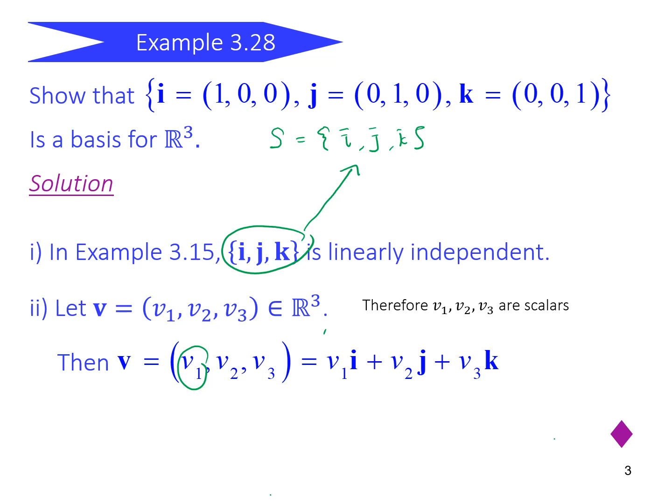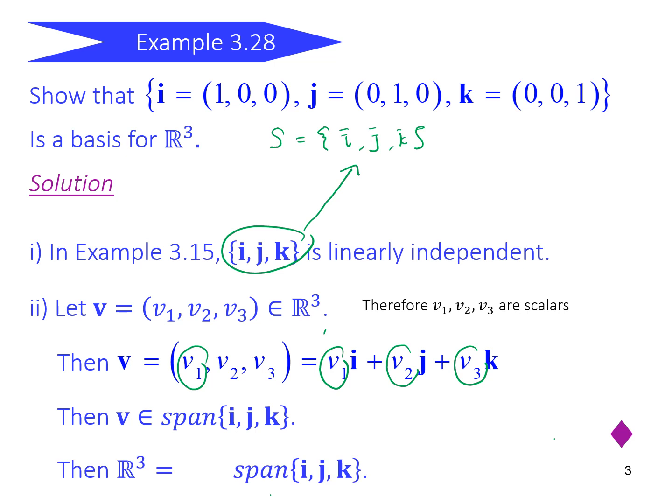So you can see here that the vector V is a linear combination of i, j, and k, where the scalars K1, K2, and K3 are V1, V2, and V3 respectively. Therefore, the vector V is an element in the span of i, j, k, and therefore the set i, j, and k span the vector space R3. And we have shown that the set i, j, and k satisfies the two conditions to form a basis for R3.